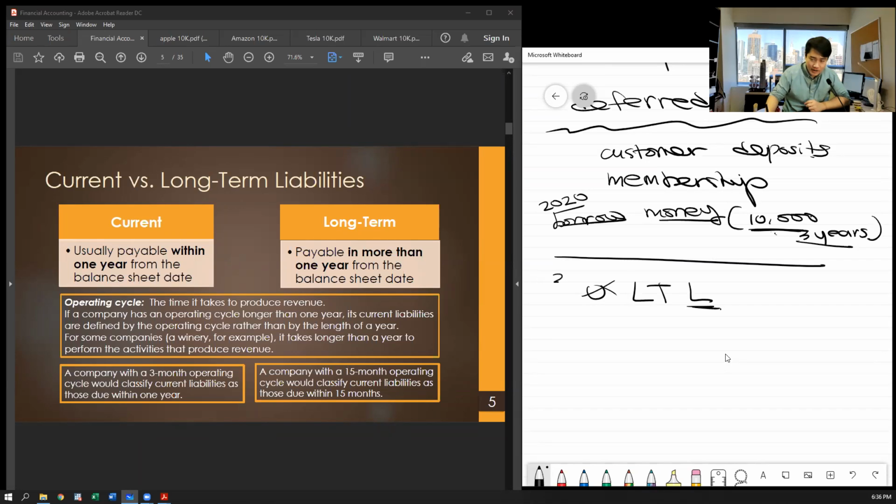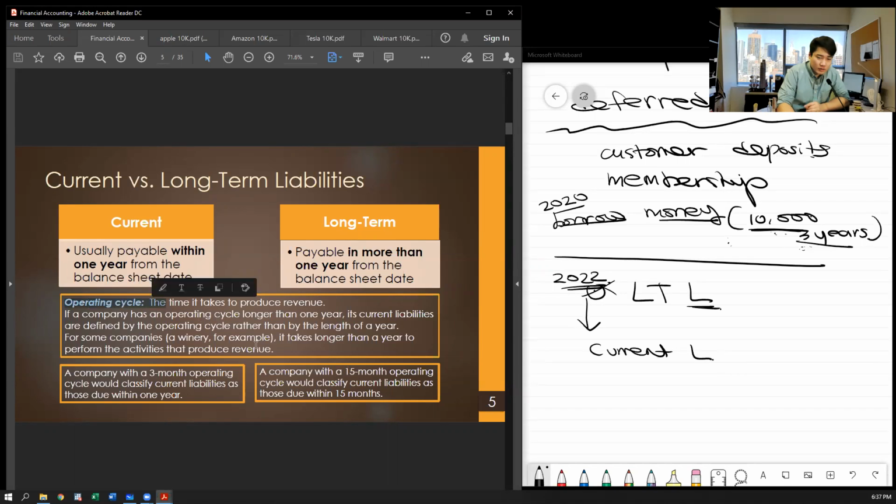But at the end of 2022, that liability will be reported under the current section of the liabilities, because that money will be due within 1 year. So I just want to provide you an example of the fact that your liabilities can shift from long-term to current depending on the contracts, depending on when the obligation is due.